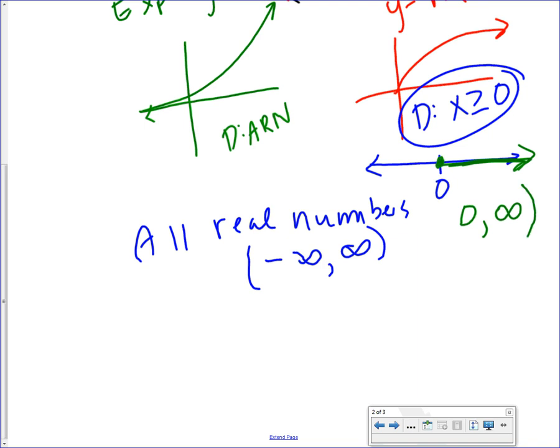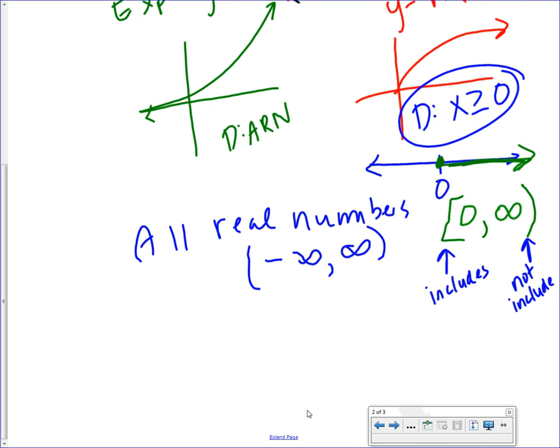Now because it includes 0, instead of using the parentheses, we're going to use the square bracket. So the square bracket means that it includes that number. The round bracket means less than or greater than. It does not include that number. And the reason we have a round bracket around the infinity is infinity is not an actual number. You can't actually equal infinity, so I can't include infinity.